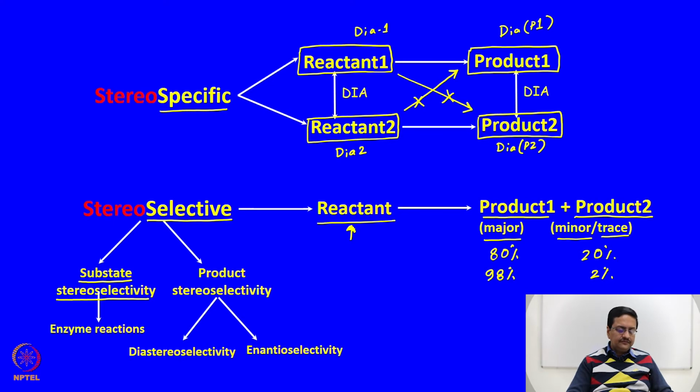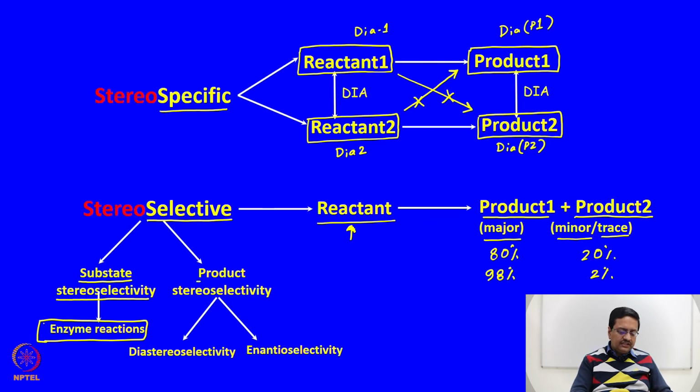So that kind of selectivity is a selectivity on substrate. One of the two substrates present in the reaction medium reacts to give you a product and the other substrate does not react. So that is called the substrate stereoselectivity, and normally that is observed in enzyme catalyzed reactions.